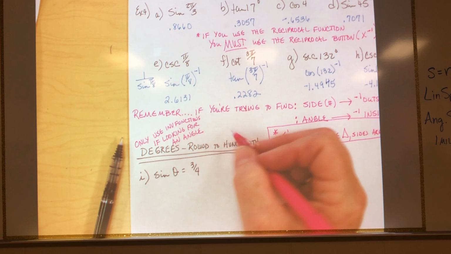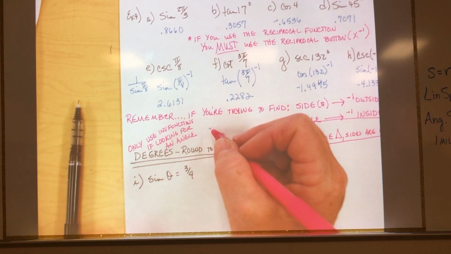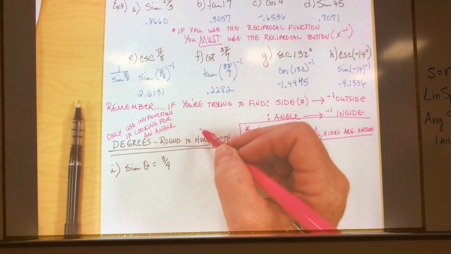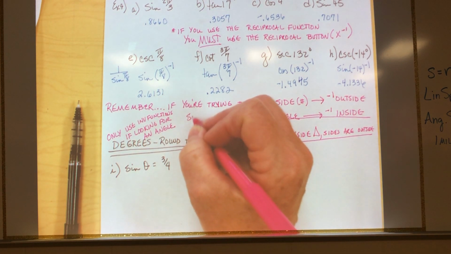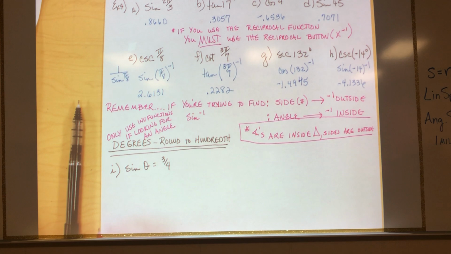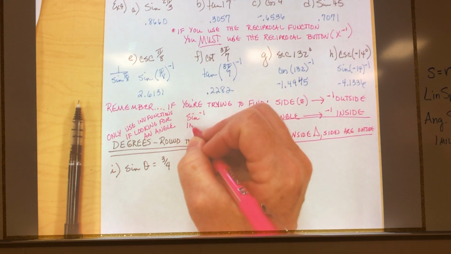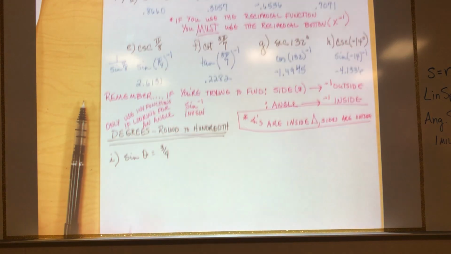Now remember all the different ways that I could write this. I'll show you with sine, but they can all be written this way. I can go sine to the -1, I can call it inverse sine, and I can call it arc sine. Do you remember us writing all these down?